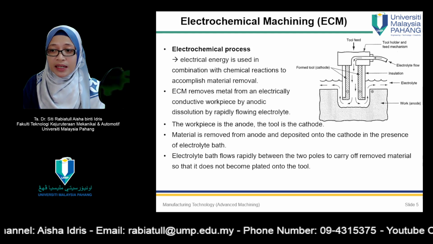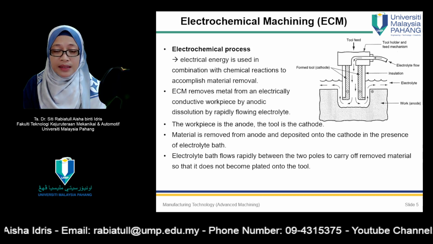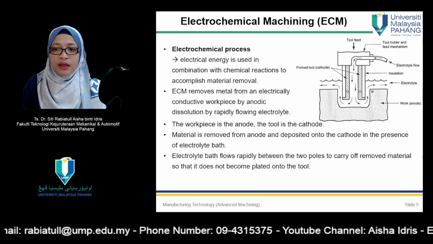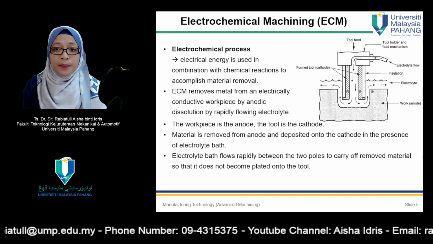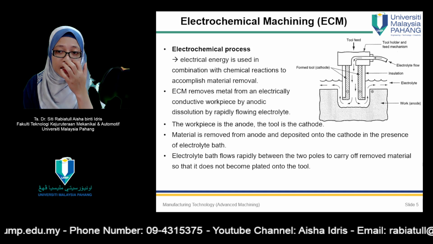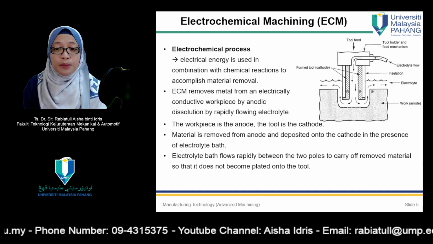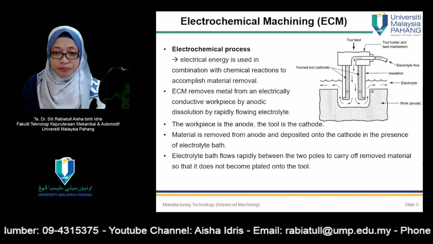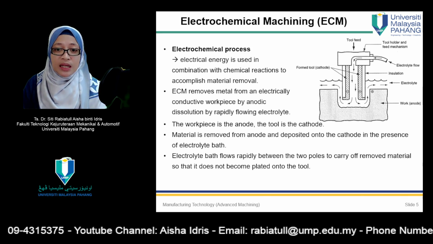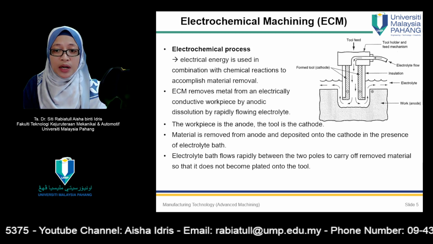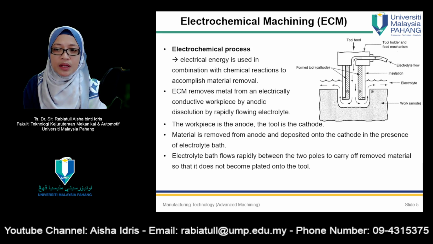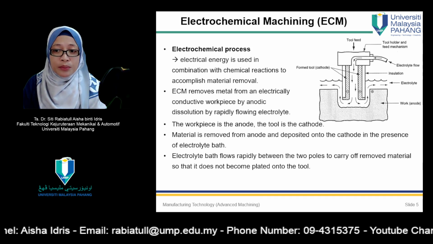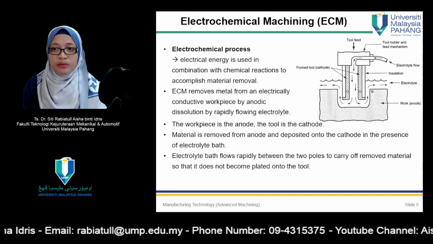As illustrated in the figure, the workpiece is the anode and the tool itself is the cathode. The principle underlying the process is that material is depleted from the anode and deposited onto the cathode. The difference in ECM is that the electrolyte bath flows rapidly between the two poles to carry off the depleted material, so it does not become plated onto the tool.